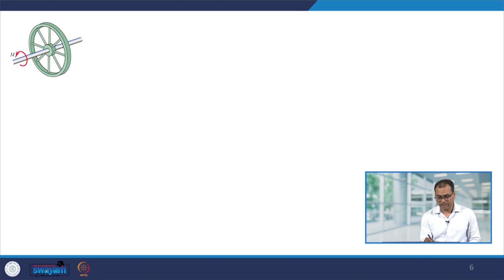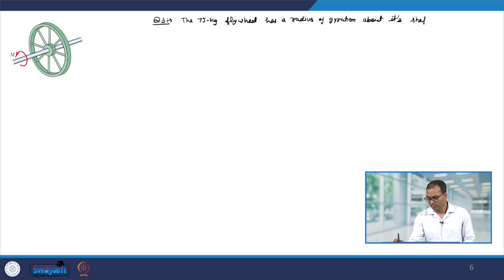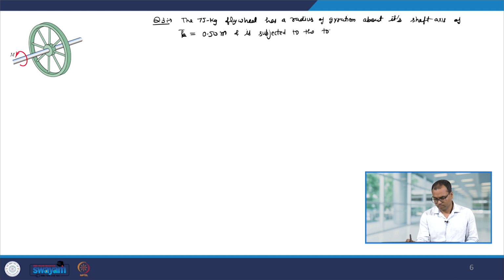Now, let us look at another problem statement. The 75 kg flywheel has a radius of gyration about its shaft axis of k equal to 0.50 meter and is subjected to the torque M equal to 10 into 1 minus e to the power minus t Newton meter, where t is in second.